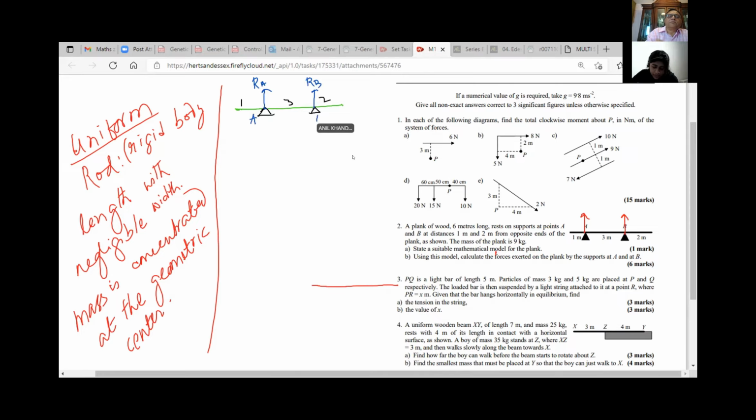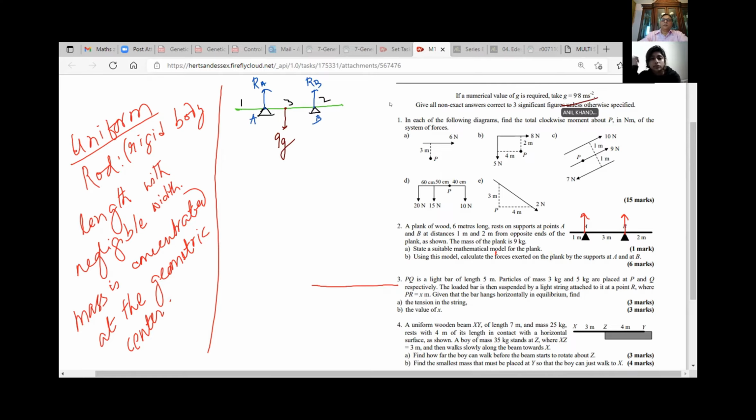We are also given that the mass of the plank is 9 kg. So it will act right at the center, 9g. The weight will be 9 multiplied by gravity, 9.8, as given to us.